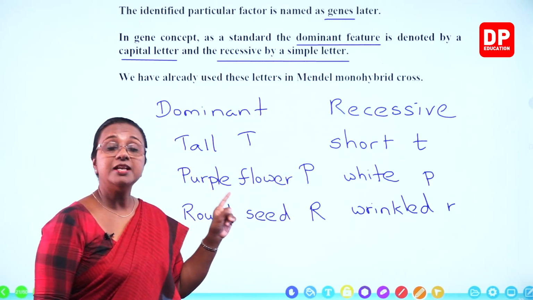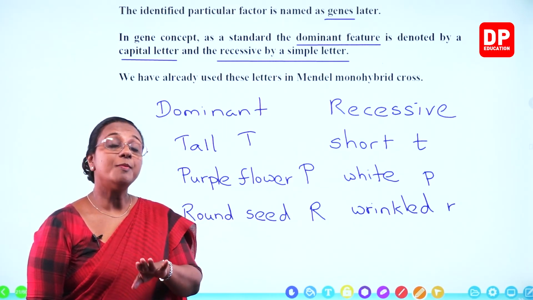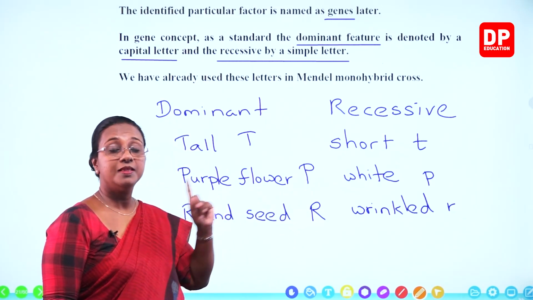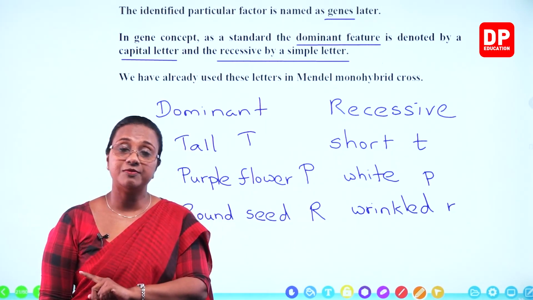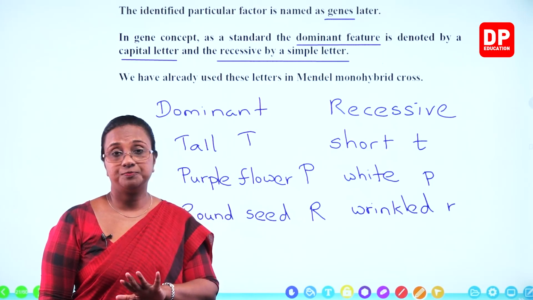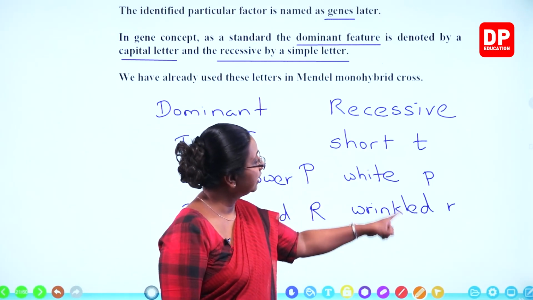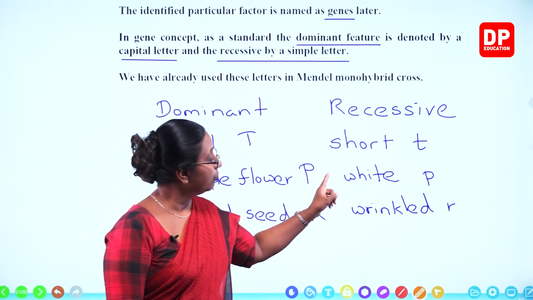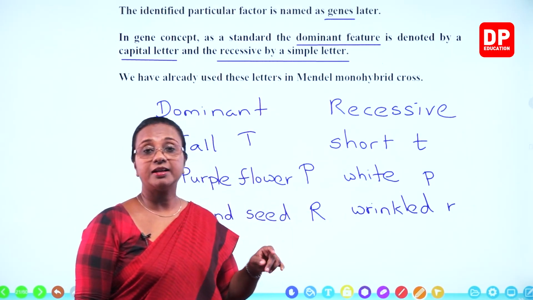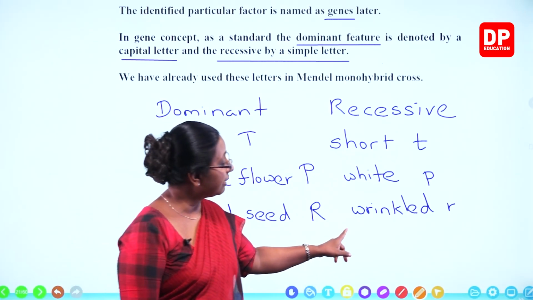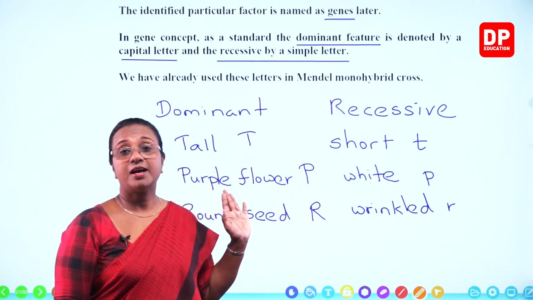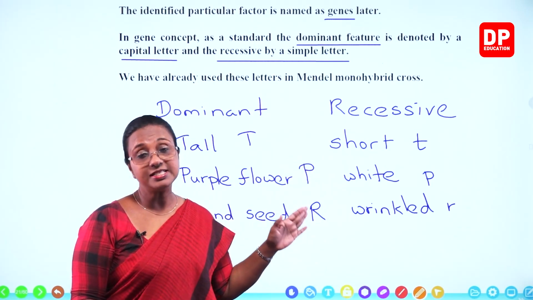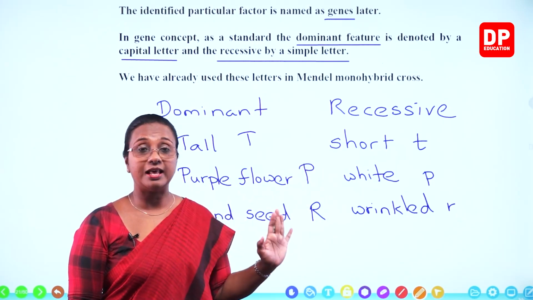Capital P, gene responsible for the dominant character purple color flower. Then capital R, the dominant character responsible for the round seed. Then on this side, short is a recessive character, so simple T. White color flowers, recessive character, simple P. And wrinkle seed, recessive character, so simple R. So those are to show the genes that are responsible for those characters.